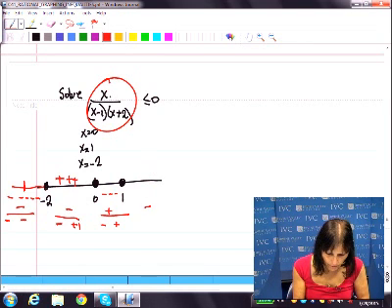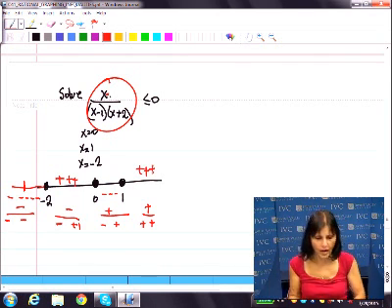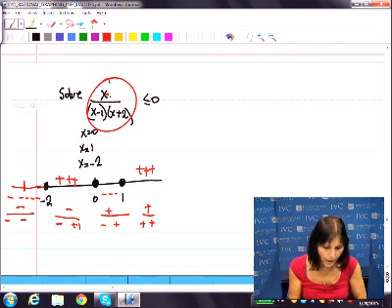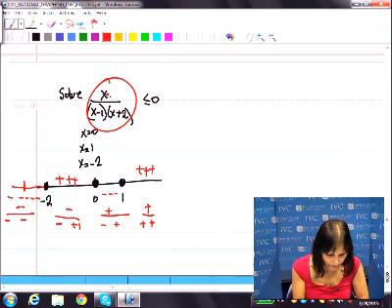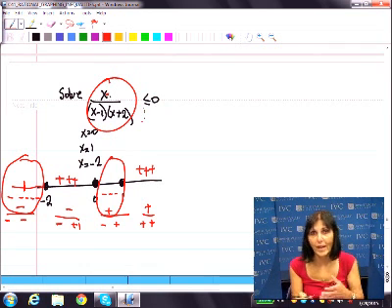Put it in here. You're going to have a positive on top, and a positive here and positive here. So you're going to end up with a positive. So I know this rational function, I don't care what it does, but this rational function is going to be negative here and here. Now I'm going to pay attention to brackets and things.